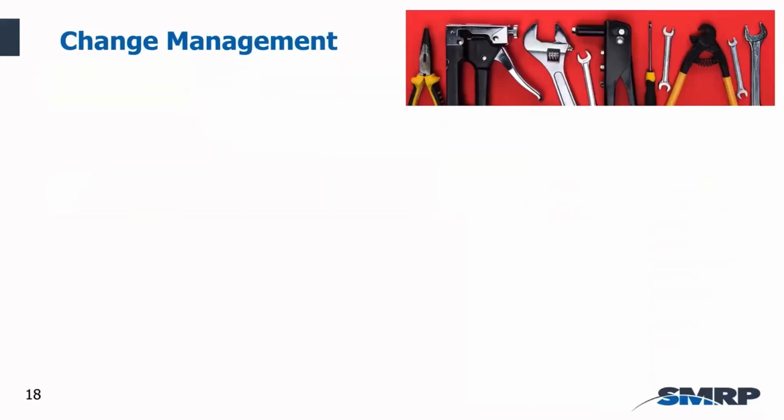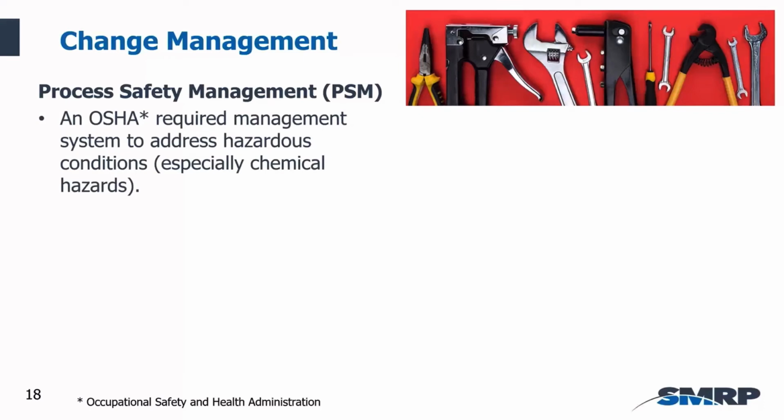So what are some of the tools and processes that we use for change management? Well, one of the big ones is process safety management. This is an OSHA-required management system that addresses hazardous conditions, and most especially for chemical hazards. And OSHA, of course, is the Occupational Health and Safety Administration here in the US.